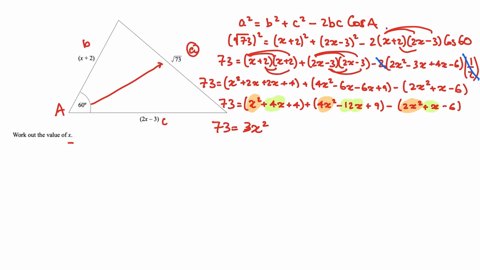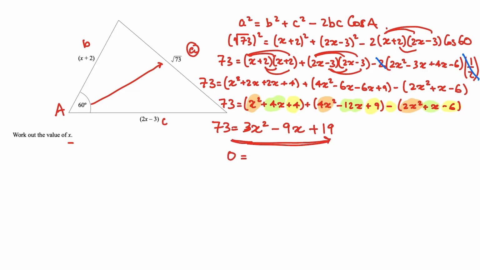Then minus and plus x, minus and plus makes a minus, so it'll be minus 9x. And the last one that we're looking at will be positive 4 plus 9, that's 13, minus 6, so the minus and the minus 6 makes a positive, so it becomes 13 plus 6, which is plus 19.